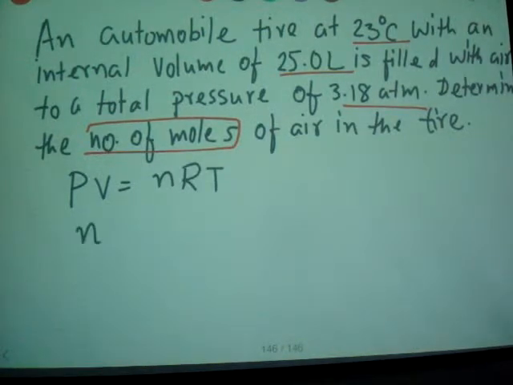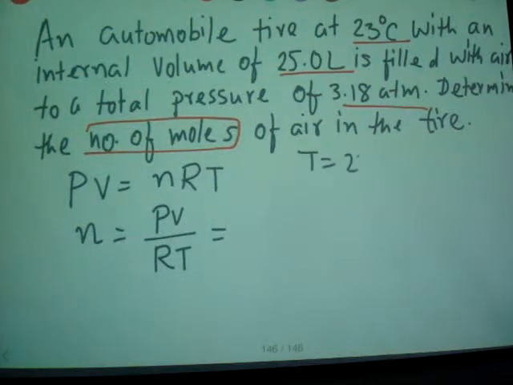When we rearrange for n, n equals PV divided by RT. Remember, temperature should be in Kelvin, so 23 degrees Celsius plus 273, which converts to 296 Kelvin.